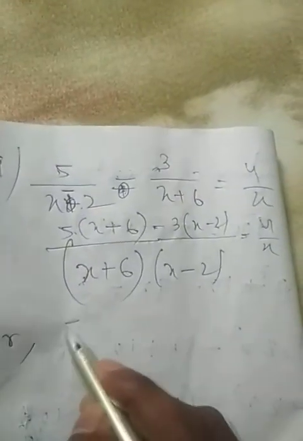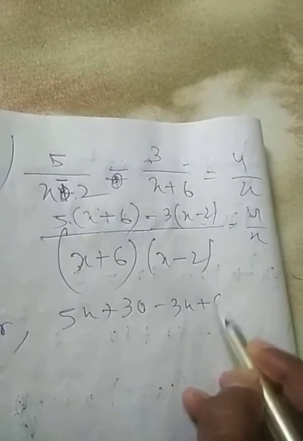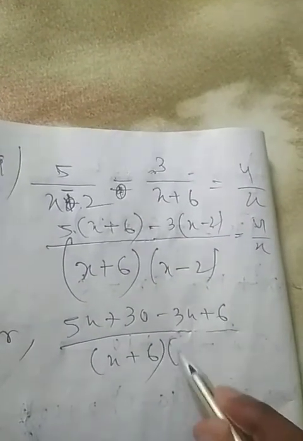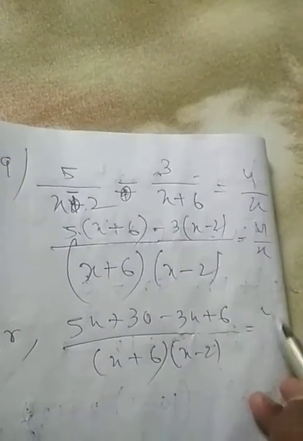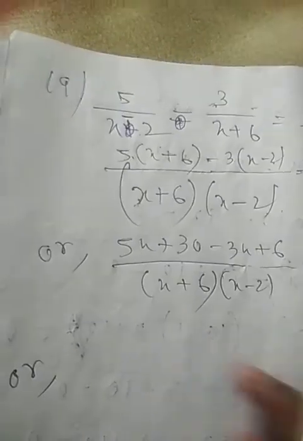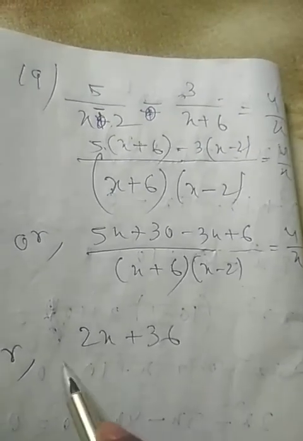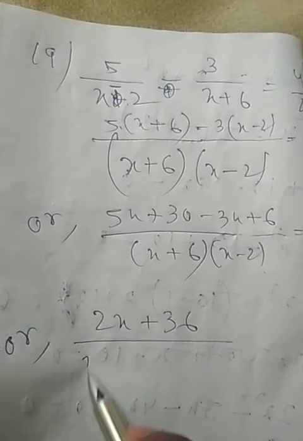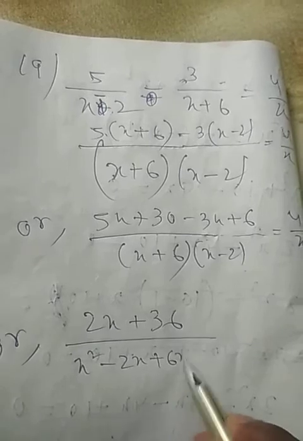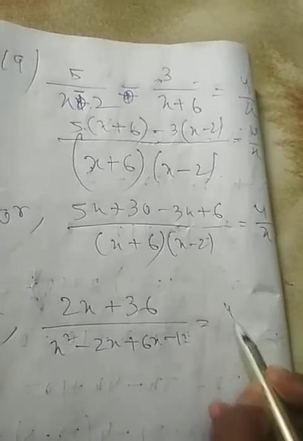Or I got 5x plus 30 minus 3x plus 6 by x plus 6 into x minus 2 equal to 4 by x. Or I got 2x plus 36 by x square minus 2x plus 6x minus 12 equal to 4 by x.